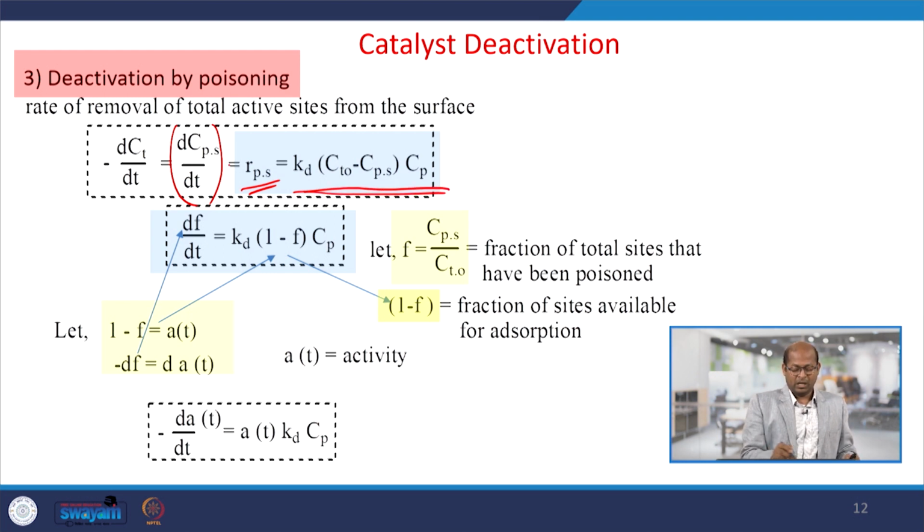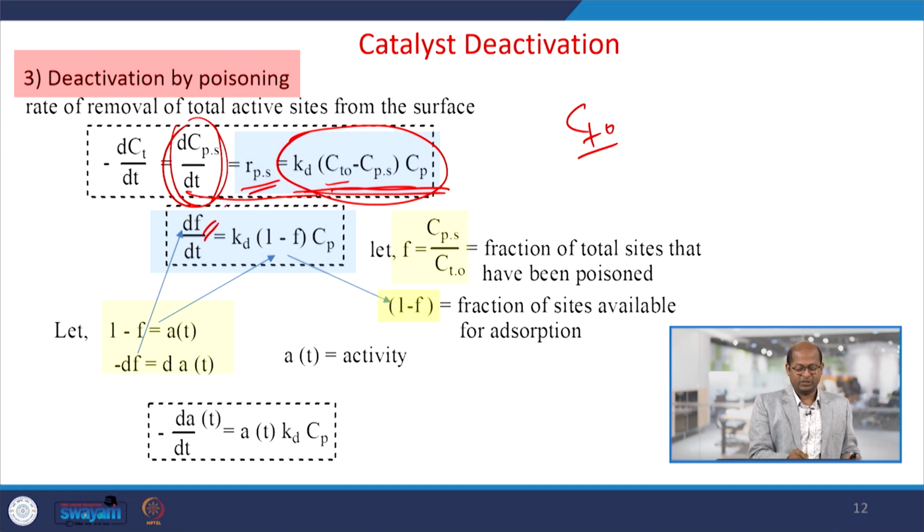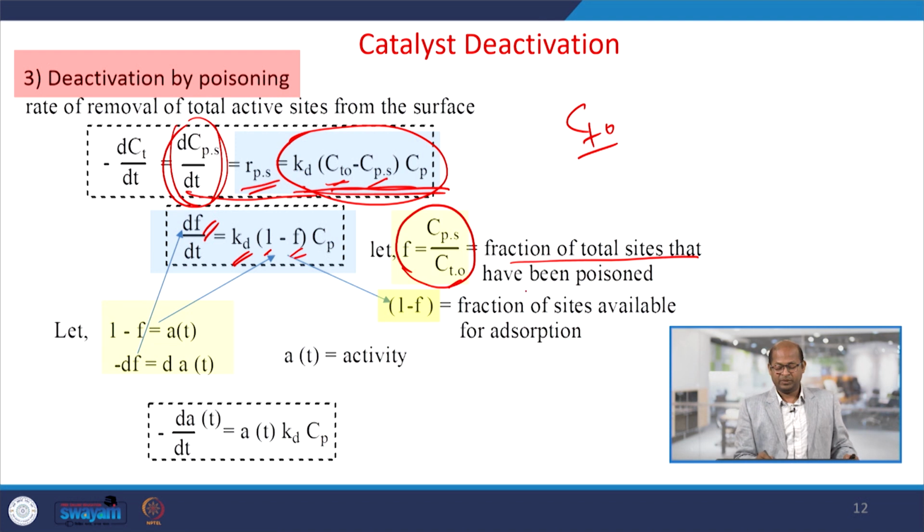So, now we are dividing both the left hand side and right hand side by Ct0. Then the left side becomes F equals Cps divided by Ct0, and on the right hand side Kd is there, Ct by Ct0 equals 1 minus Cps by Ct0, that is F, the fraction of total sites that have been poisoned.